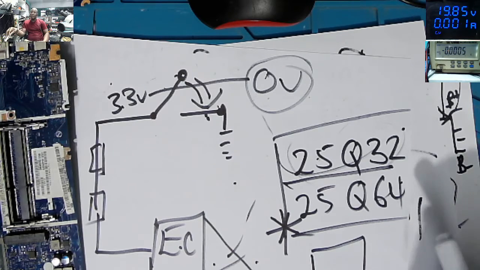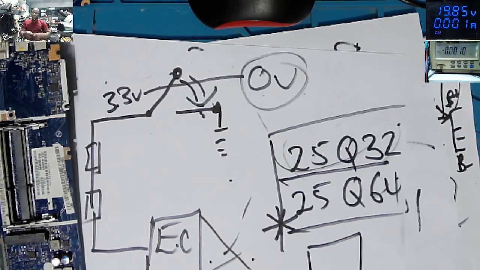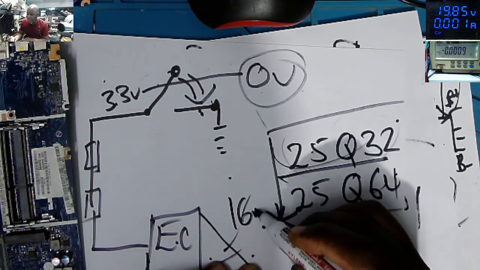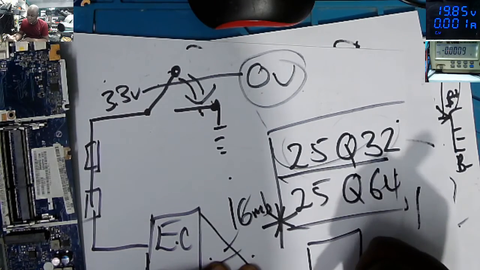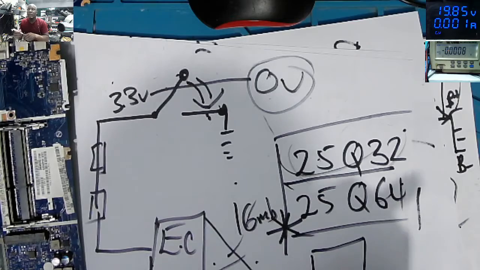Or you can take out both BIOS chips and test with the programmer. The one with bigger size, that's the main BIOS chip. Because obviously these BIOS chips are of different size. This one can be a 16 megabit BIOS chip, and the other one can be of low value.